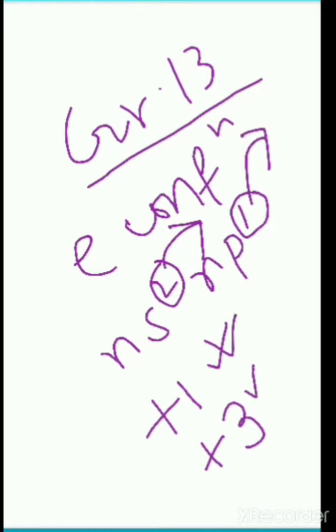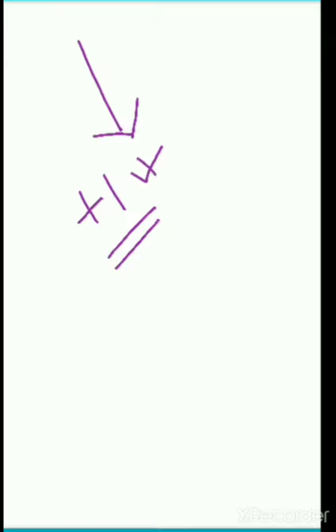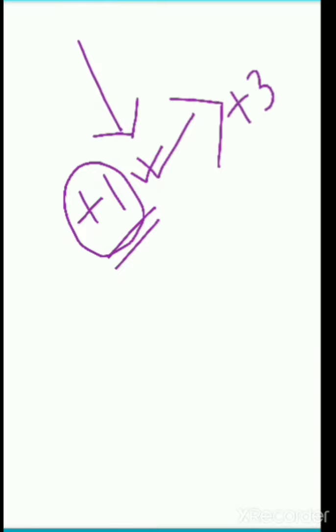So they can show these 2 oxidation states. Down the group we see that compounds of plus 1 oxidation state are more stable than plus 3 oxidation state.